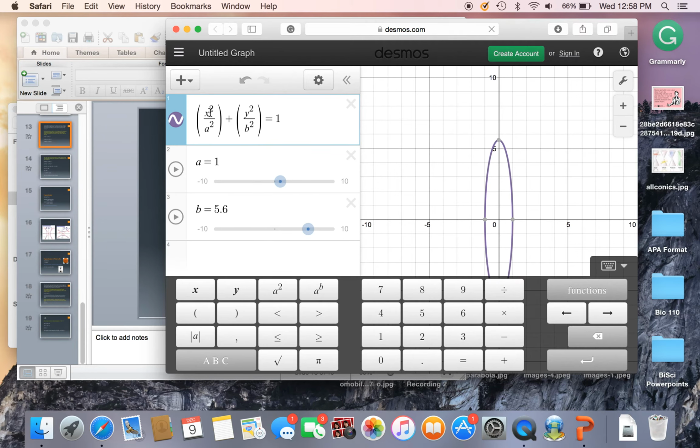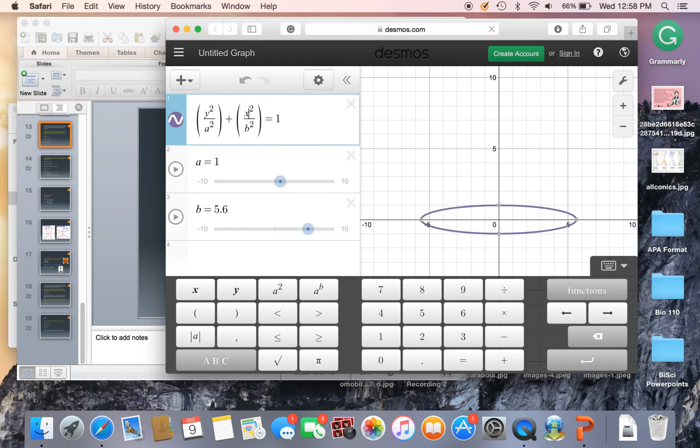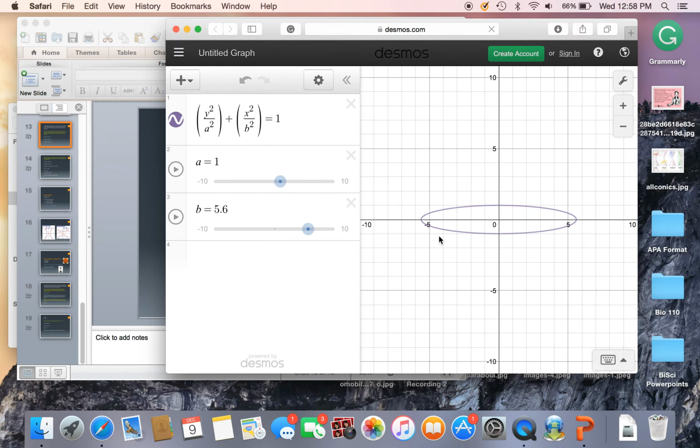And if we switch x with y and y with x, that is just another way to write the opposite of whichever ellipse you have.